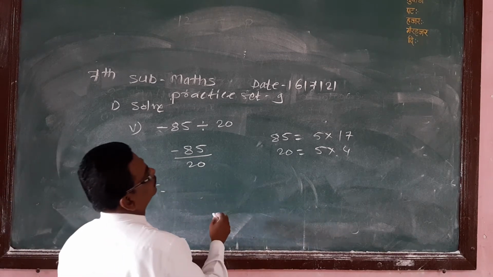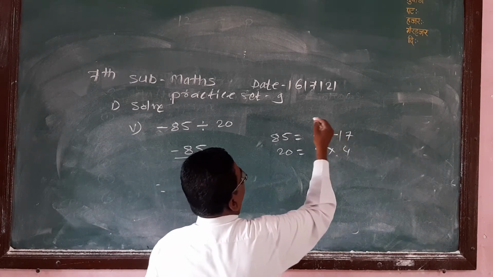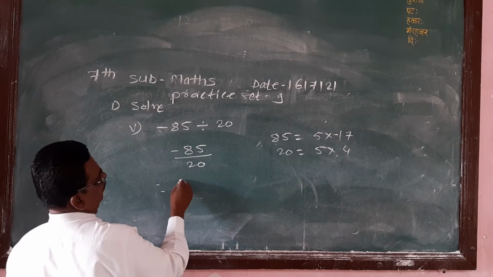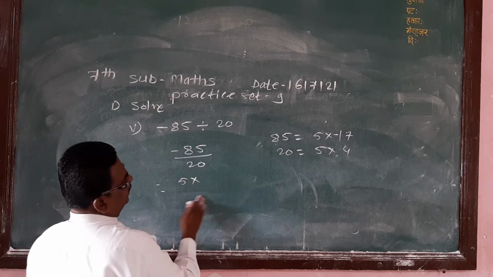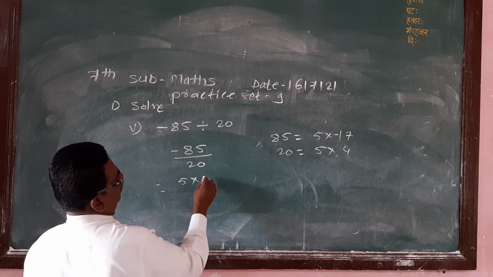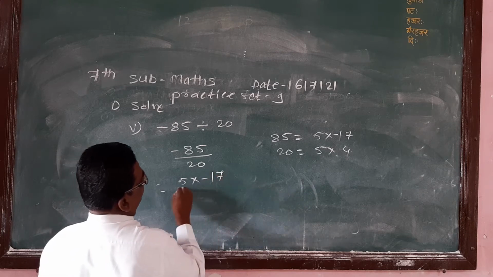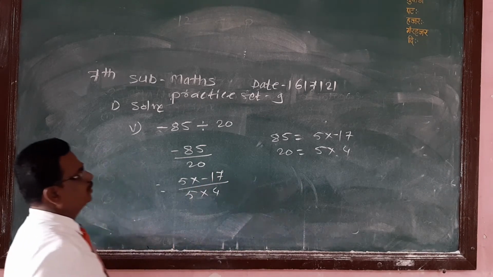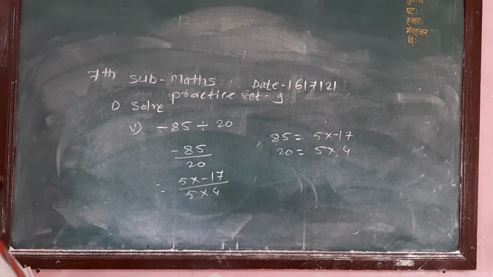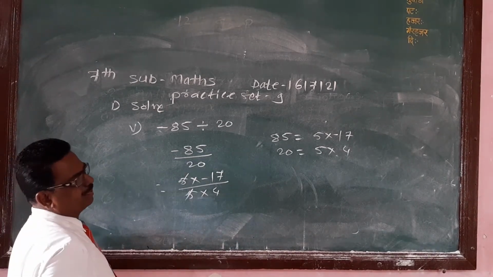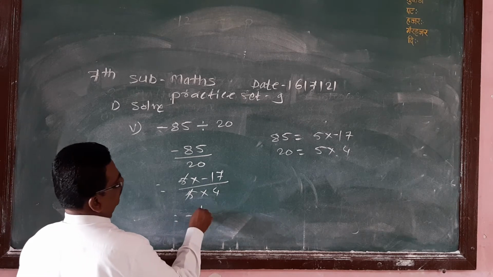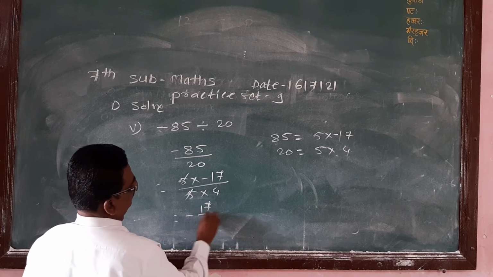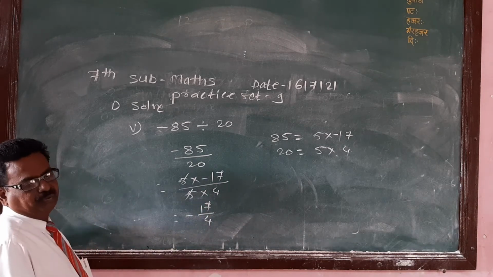Now minus 17 here: 5 into minus 17 upon 5 into 4. Cancel 5. Minus 17 upon 4.